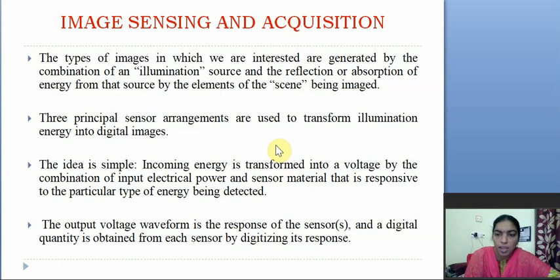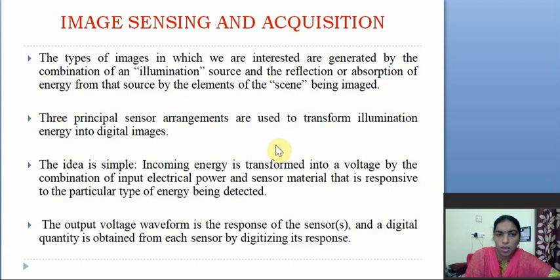Based on the sensor arrangements, if you use one sensor, that is said to be a point sensor. If you use sensors in one line, either vertical or horizontal, that is said to be a line sensor. Suppose many sensors are arranged in an m by n or array manner, then that is said to be an array sensor.